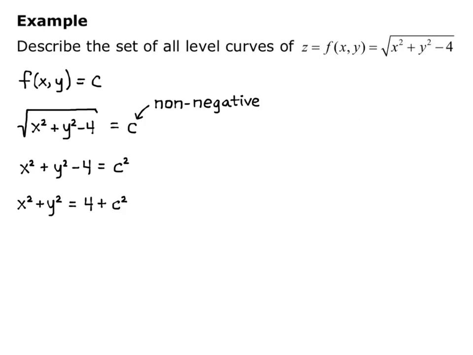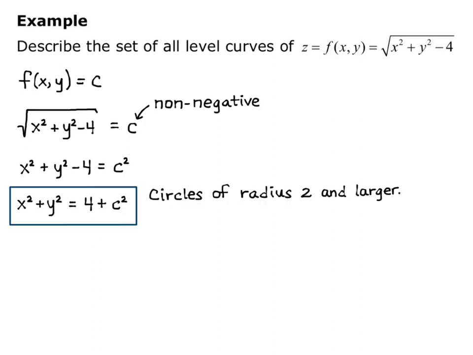Since c squared is non-negative, the description would be circles of radius 2 and larger. So we've just described the set of all level curves of the function we were given. Any circle of radius 2 and larger.